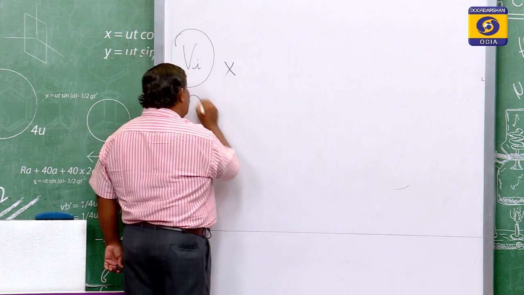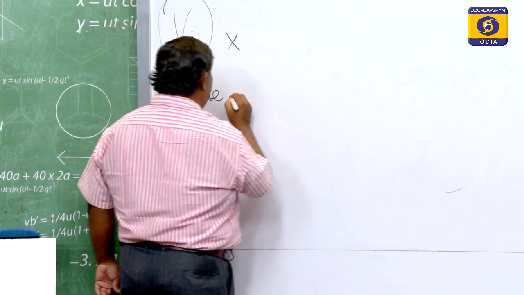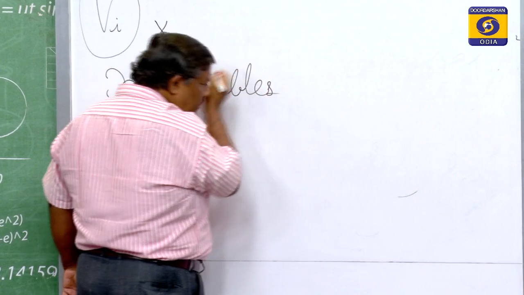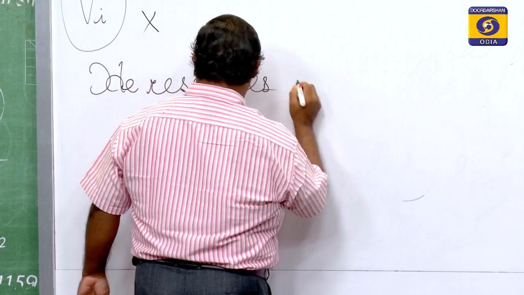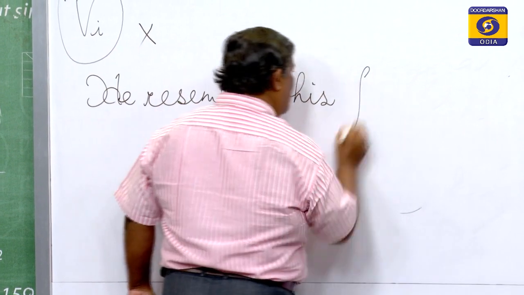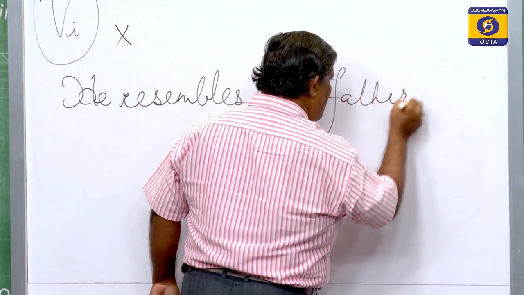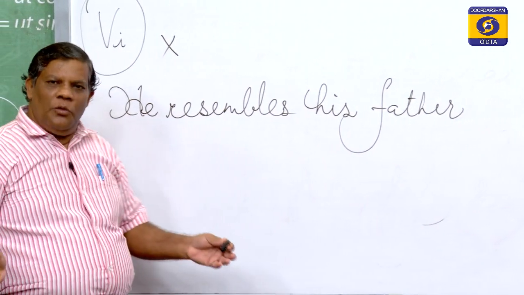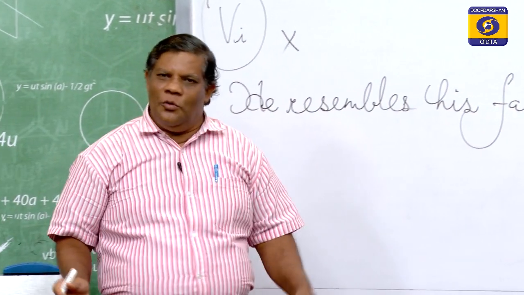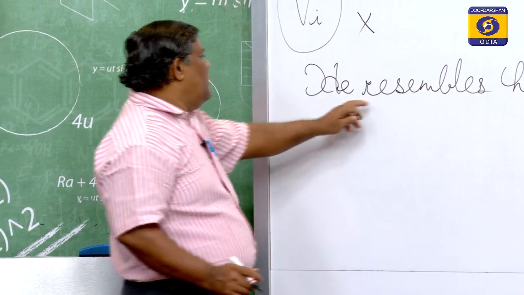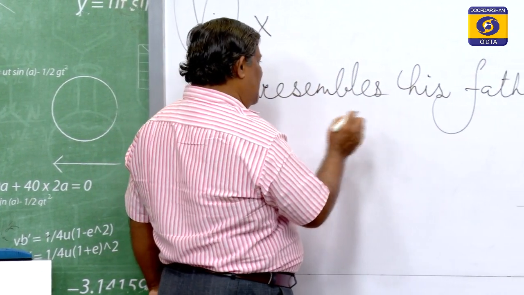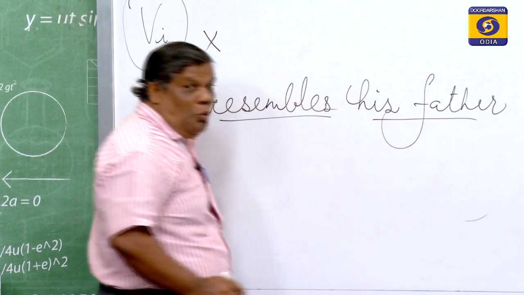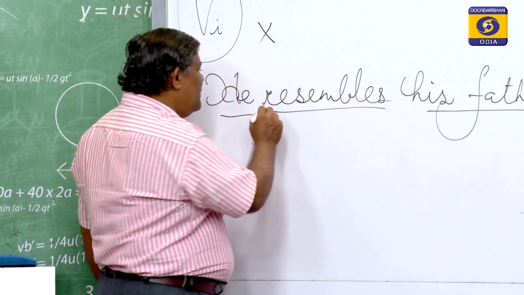For example, he resembles his father. Resembles means looks like, he takes after his father, he looks like his father. He resembles his father, and you see, he is the subject, resembles is the verb, it answers the question whom.